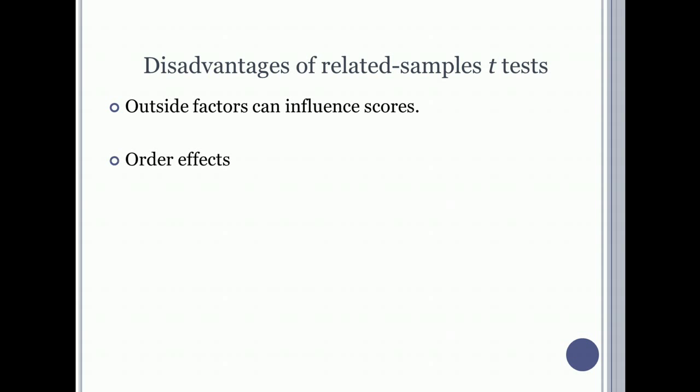Disadvantages of related samples t-tests. Outside factors can influence scores. Totally can influence scores. So you have to be careful and employ rigorous experimental design in order to make sure that these outside factors don't influence your scores. There's order effects, meaning in what order do you employ the treatment to some and then to others.